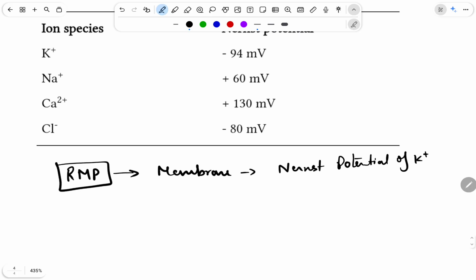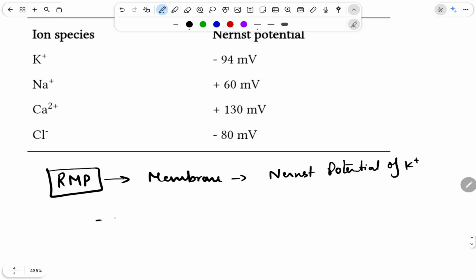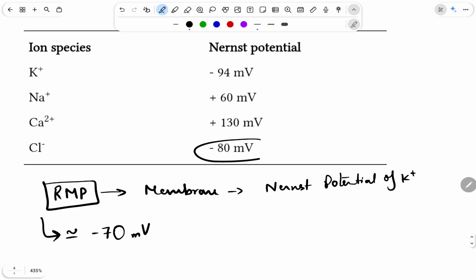Please observe this. We have seen the normal RMP is around minus 70 millivolts approximately, right? RMP is minus 70 millivolts, and which is closer to minus 80 rather than minus 94. Here comes the important role.